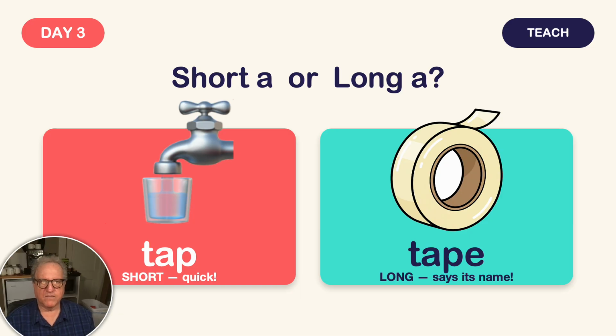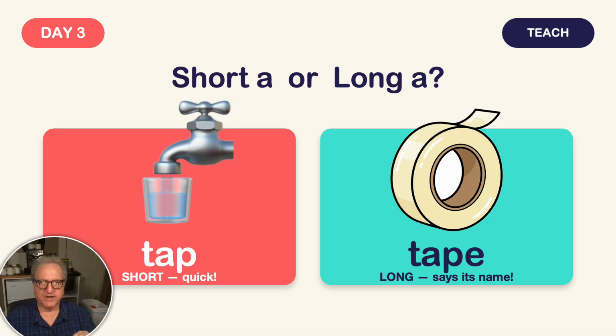On the left, it's a tap. A tap is a faucet. It's where water comes from. But it's also a tap. If I tap something, I tap it, tap. So it's t-a-p, tap, short and quick.